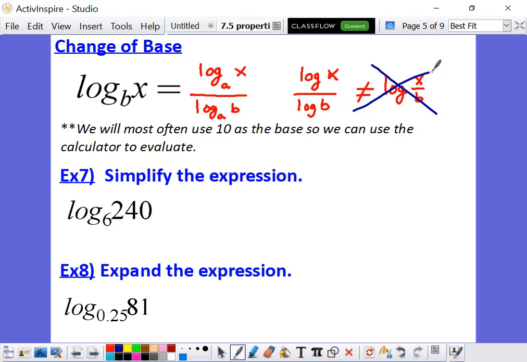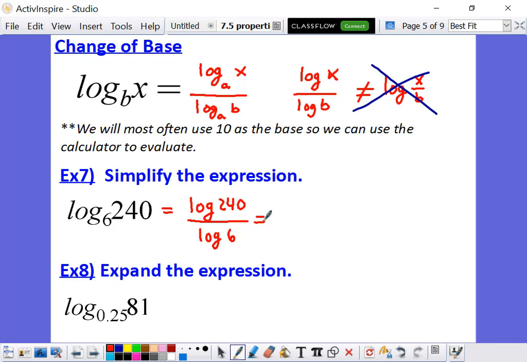It says simplify the expression log base 6 of 240. Well, if I wanted to use the change of base formula to be able to type this in, I would do log 240 divided by log 6. So then I could type both of those into my calculator and see what I get. So let me grab a calculator here.